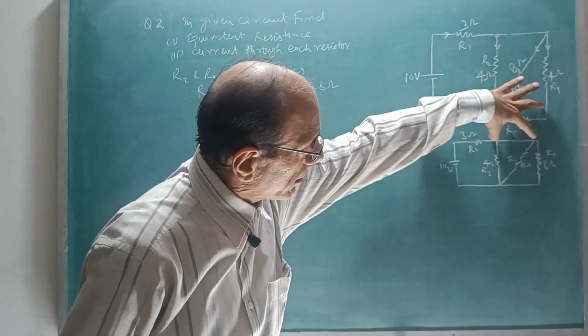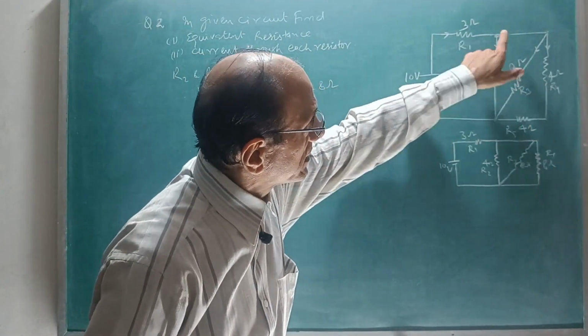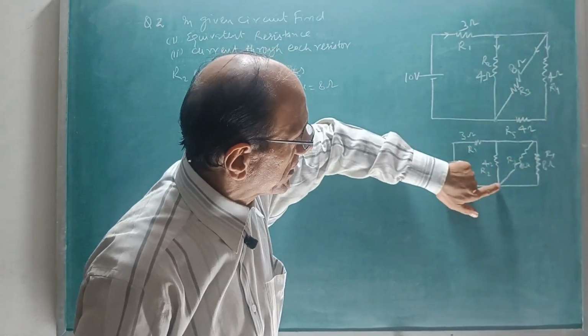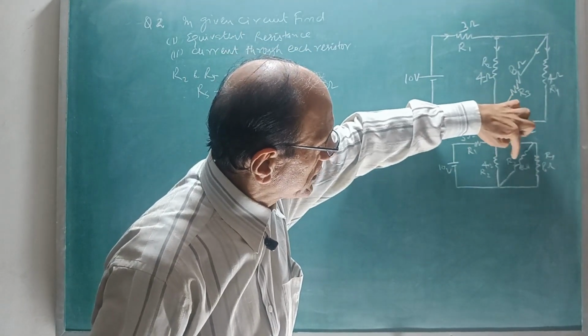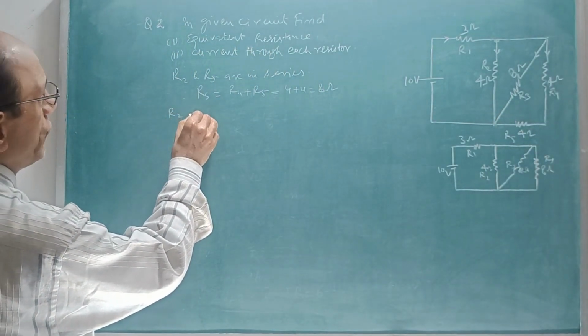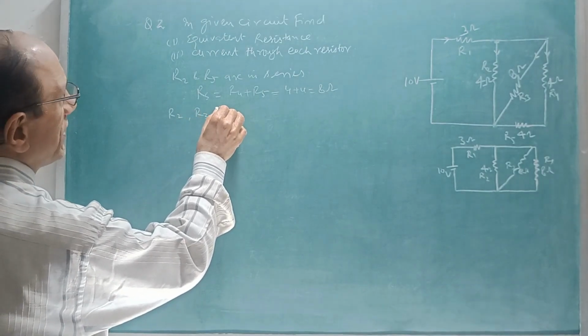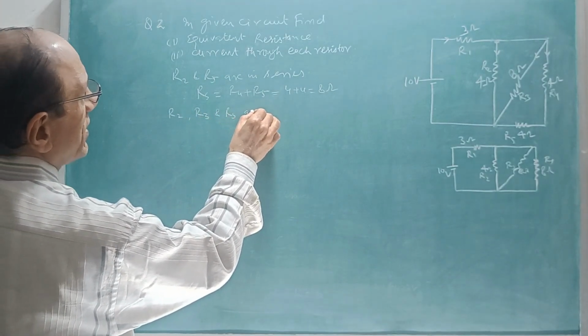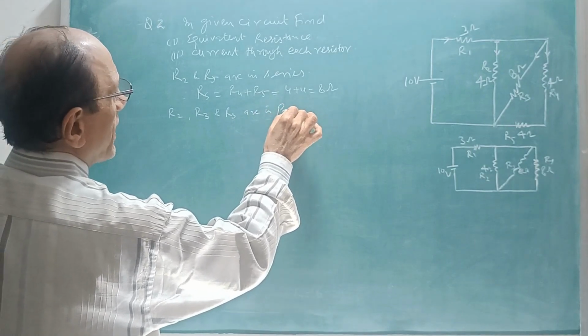Now these 2 points are already the same point and this is the same, so that means these 3 are in parallel. Now R2, R3 and R series are in parallel.